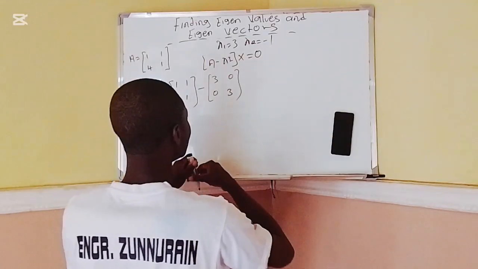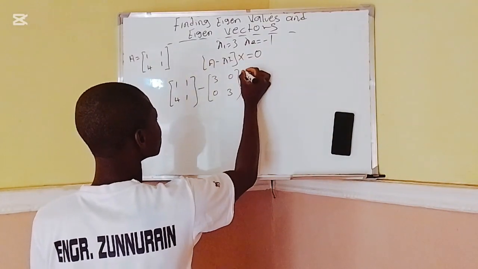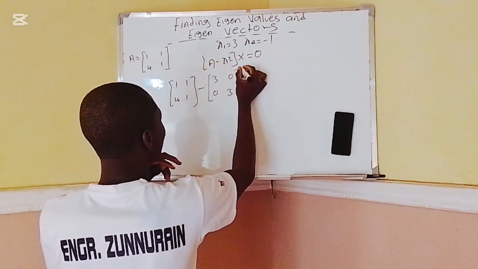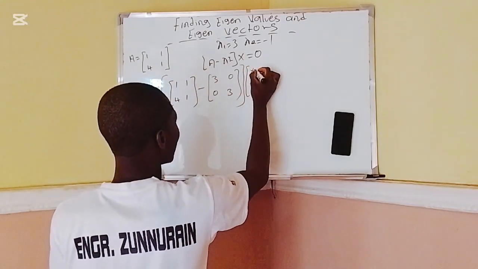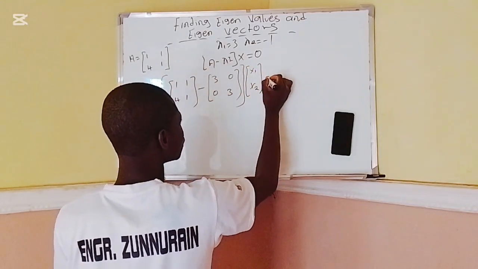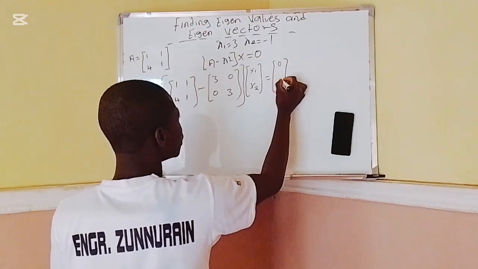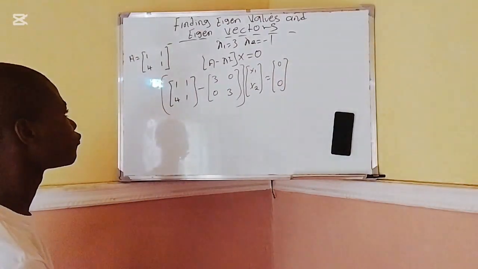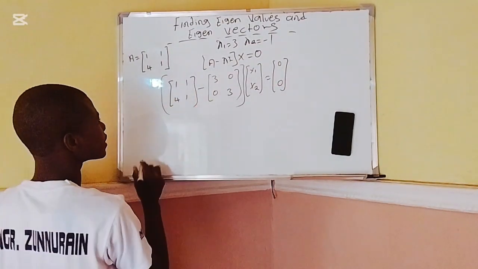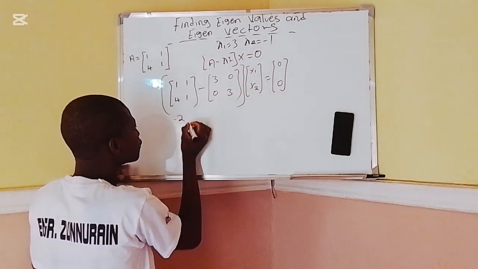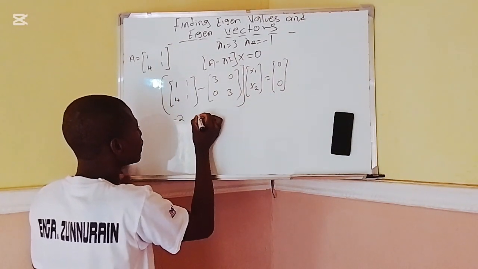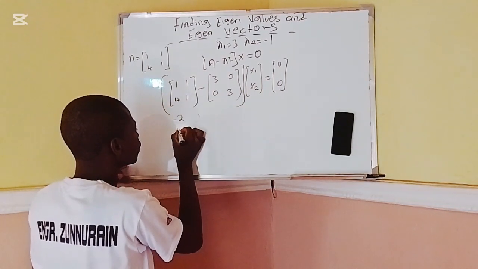So therefore it will be equal to, okay, multiplied by x1 and x2, equals 0. So I have to subtract this. If I say 1 minus 3, I will get negative 2. 1 minus 0, I will get 1. 4 minus 0, I will get 4.